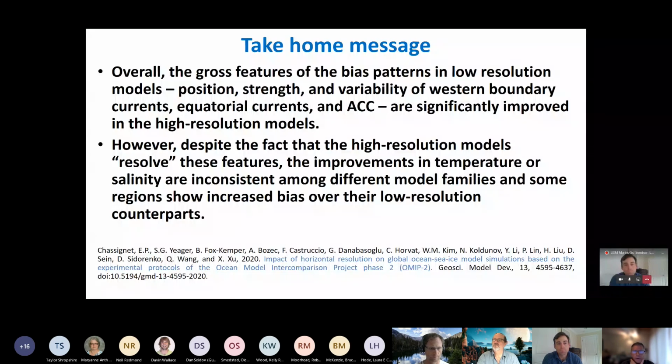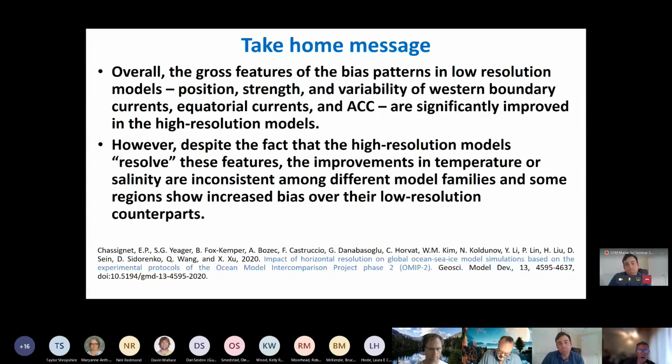But the take-home message, like the first slide I showed, is that the bias or the representation of the western boundary currents, equatorial currents, the ACC, everything has significantly improved when you increase the resolution, which is to be expected. But despite the fact that all these are improved, that doesn't mean that temperature and salinity in the three-dimensional structure are all improved everywhere. It depends. Some models are better in some locations than others. So I refer you to that paper for that information.